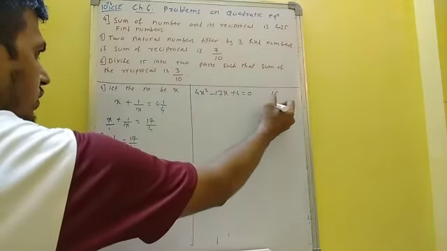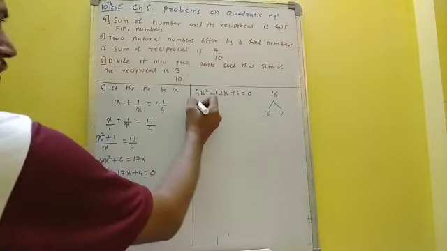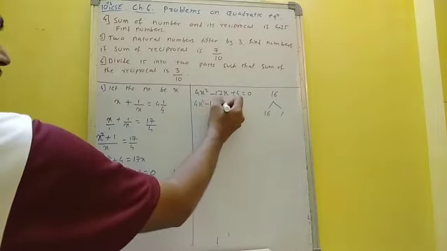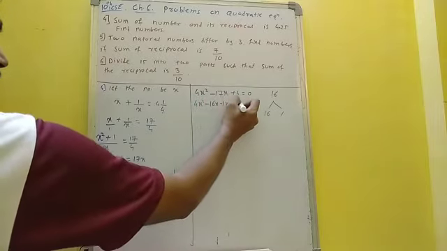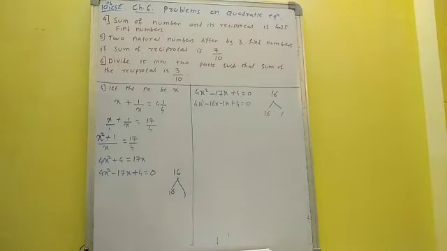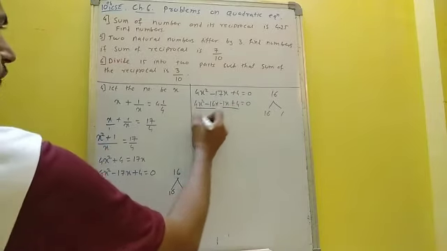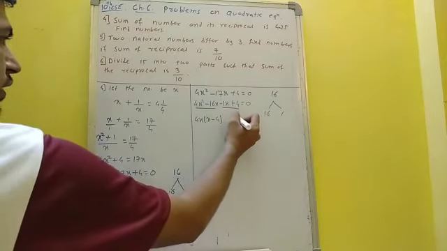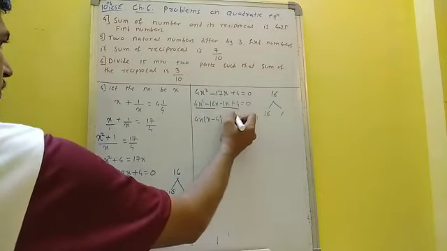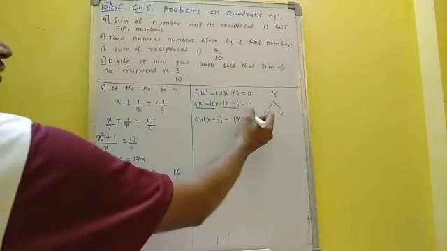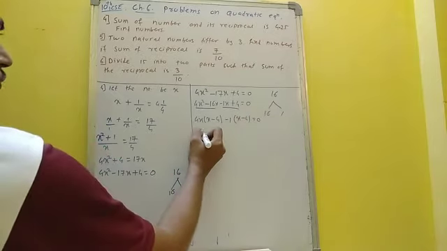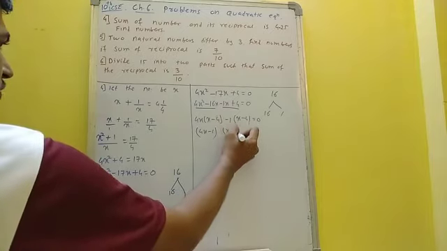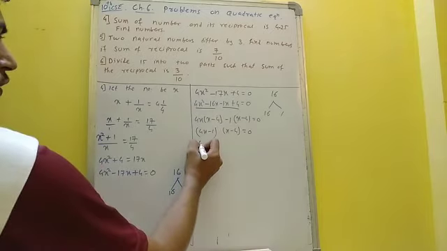So 16 ones are 4x square minus 16x minus 1x plus 4 is equal to 0. So when I take common, I will have 4x common. So x minus 4, here also x minus 4. Sign will change, so it is minus 1. So 4x minus 1 and x minus 4 is equal to 0.